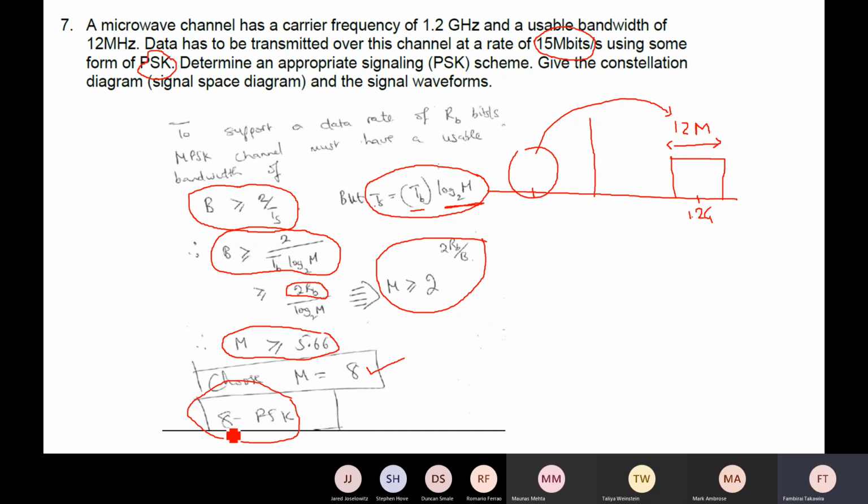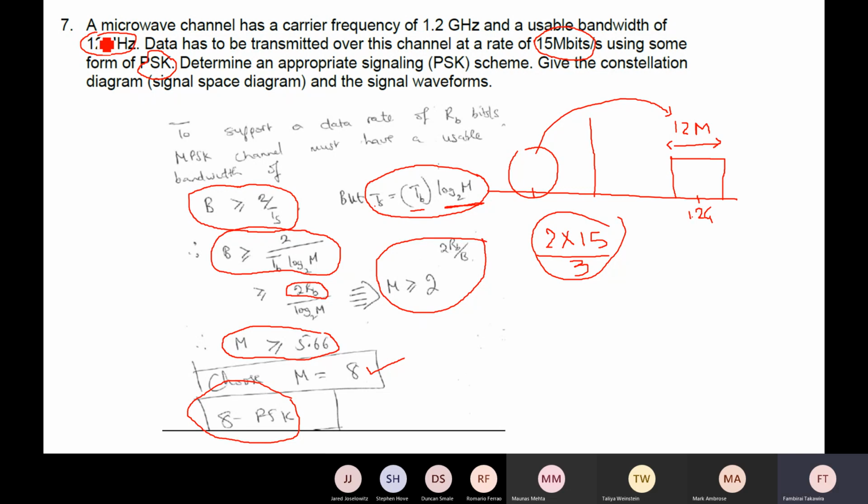And with 8 PSK, the actual bandwidth that we would be using would be 2 times 15, that is 2Rb, divided by log to the base 2 of 8, which is divided by 3, so we will be using a bandwidth of 10 megahertz, but we have an available bandwidth of 12 megahertz, so essentially we would be okay.